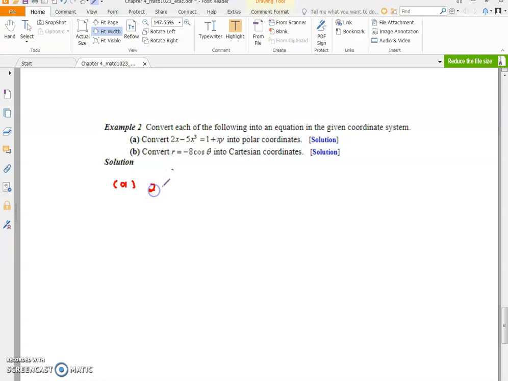The question asks you to convert 2x minus 5x cubed equals 1 plus xy. Here we already know by using a formula, x equals r cos theta and y equals r sin theta. So now let us change all the x and y that we have into terms of r and theta.